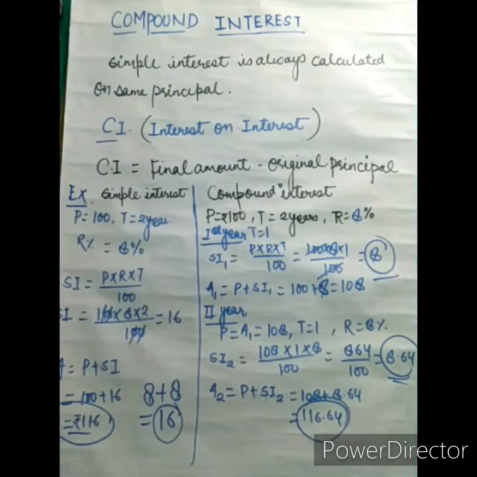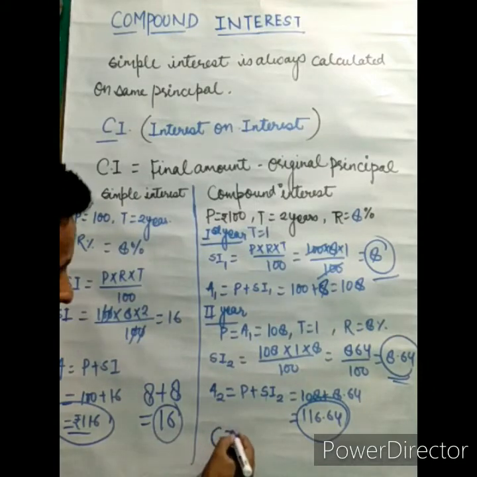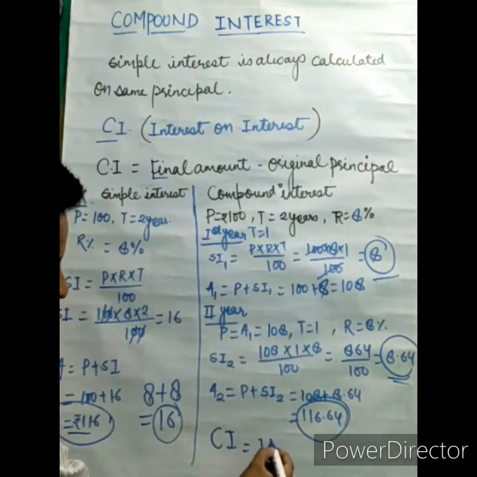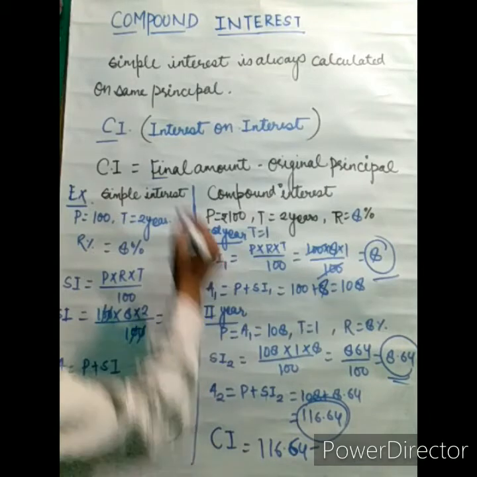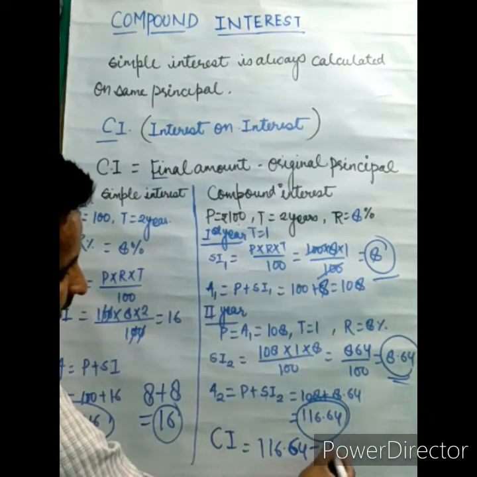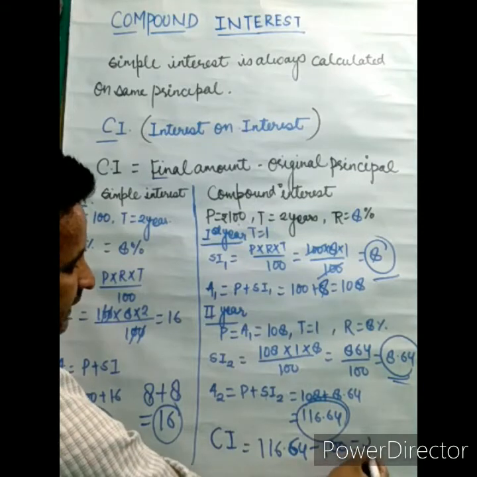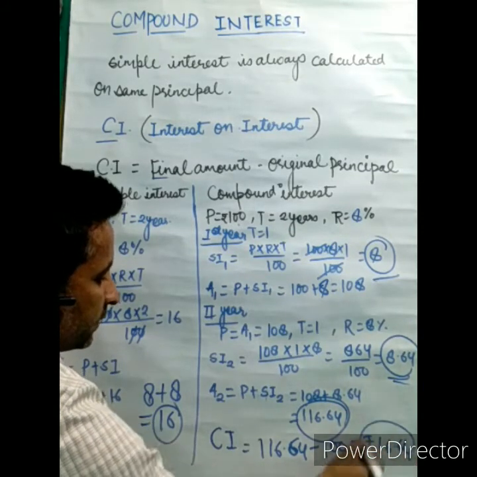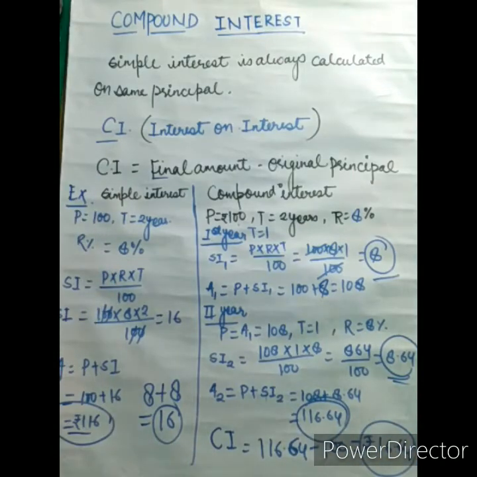Now if you want to calculate the compound interest, it is equal to the final amount, 116.64, minus the original principal, 100. You will get 16.64.